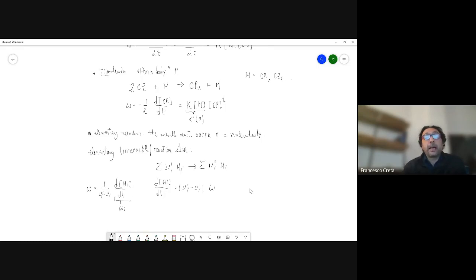And what's the reaction rate expression? We just said this is an elementary step. So omega will be a reaction constant, and then you will have to write down the product of all these molar concentrations.